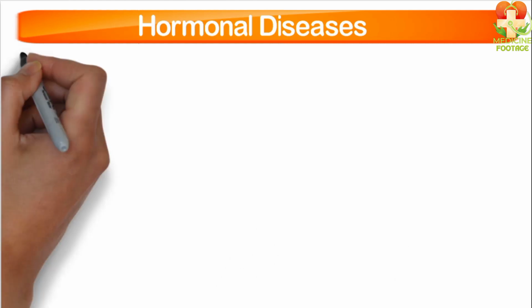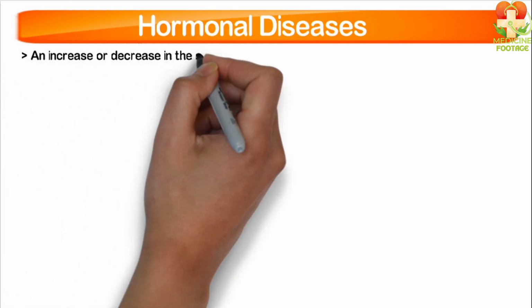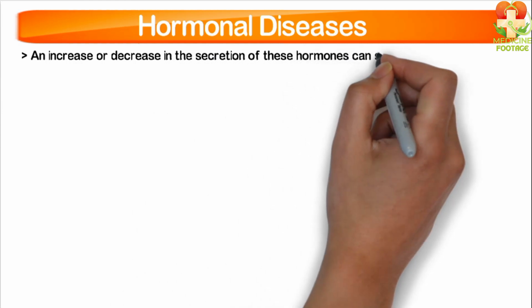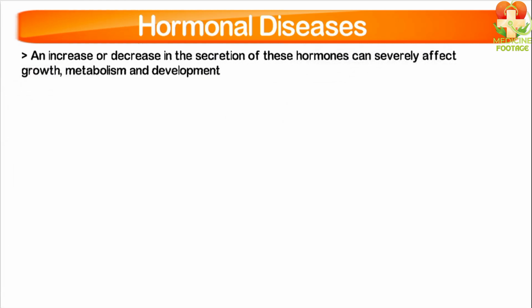Students, if any hormone in our body either increases in quantity or decreases, meaning the hormone is either underproduced or overproduced, it affects our body's growth, metabolism, and development. This causes various diseases in our body.